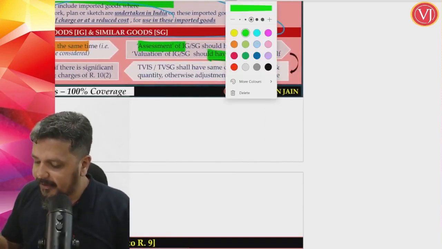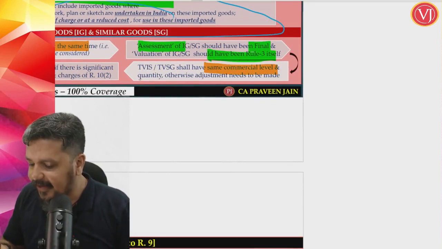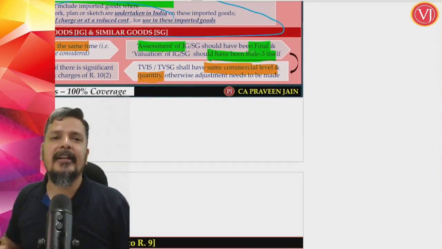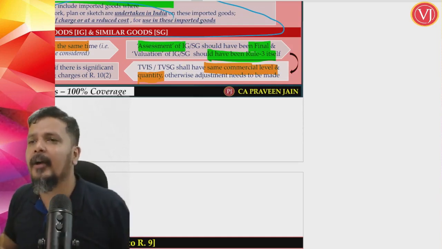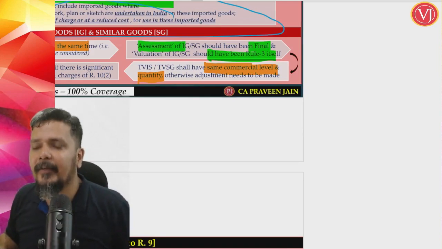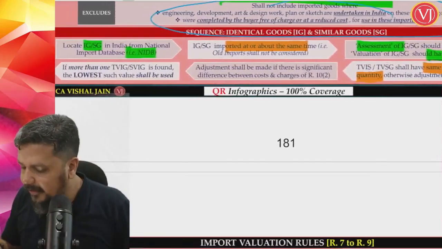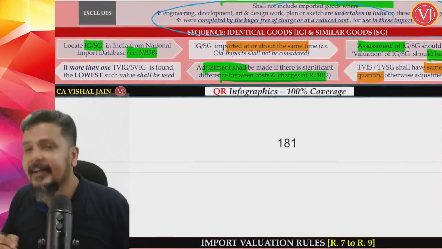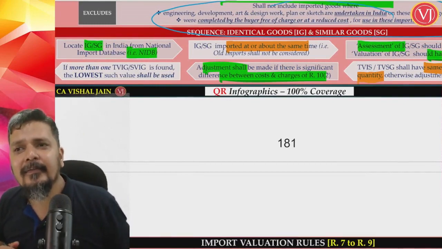Then see which all transactions are having same commercial value, same quantity, commercial effect and quantity effect. If not same, then try to give an adjustment. Also give an adjustment for the freight and insurance. Correct? Why?